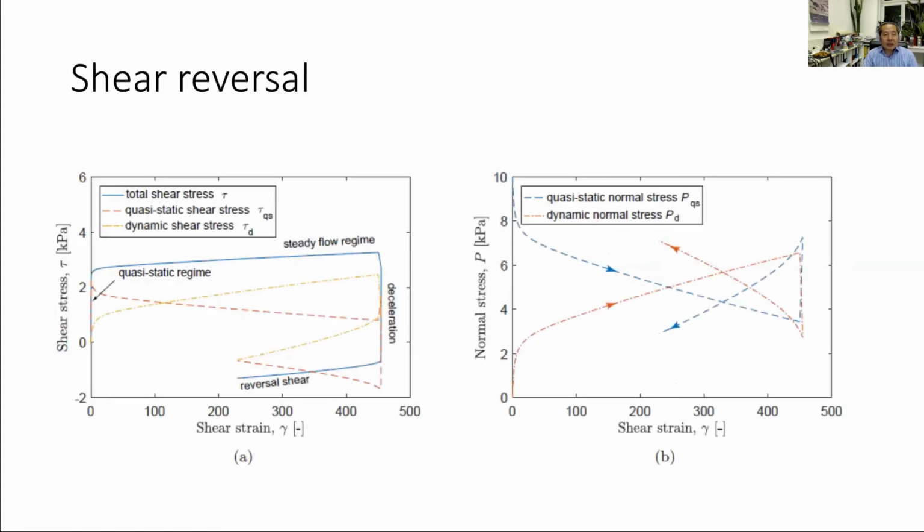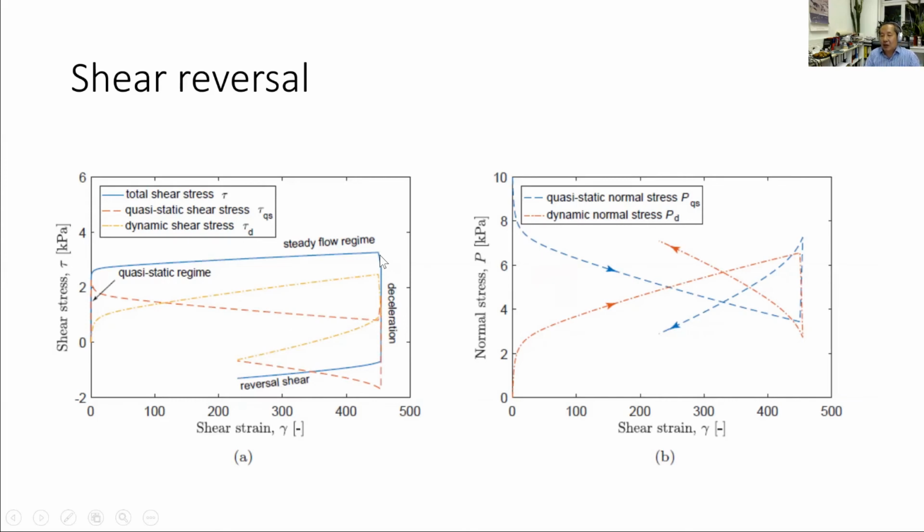And the next one is, the relative model cannot be used for the reversal. What happens for the reversal? And this is an interesting picture, whereas the left is for the shear stress and the right for the normal stress. We see we're starting from here, right? So this is shearing to here, and now we want to have a reversal. So this is what happens with the reversal, right? In order to stop the shearing, we need first to decelerate.